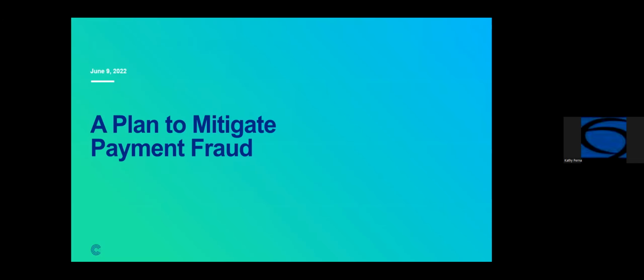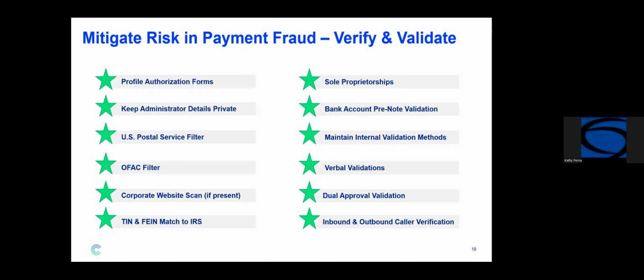So moving on to the plan to mitigate payment fraud. So just like we said, we need to verify and validate the information that you're getting from the supplier. There's a lot of information from the supplier, and there's lots of different ways that you can do a validation or verification of those suppliers.